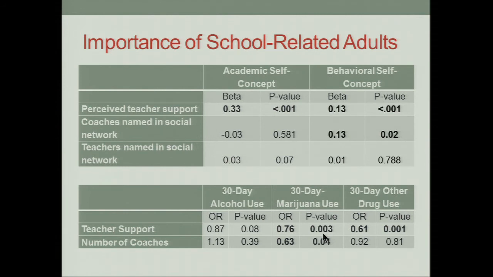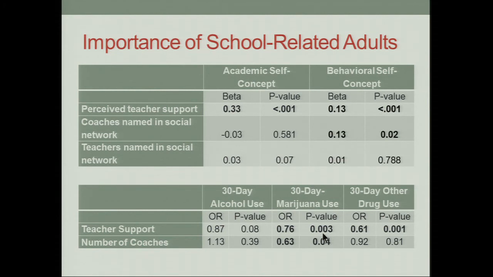We first tested whether relationships with teachers or coaches were associated with academic and behavioral self-concept, and found that reporting more supportive teacher relationships, and naming more coaches in one's social network, were associated with better academic and behavioral self-concept.